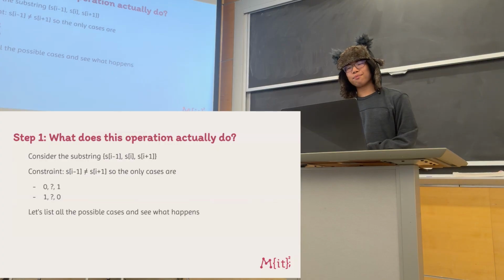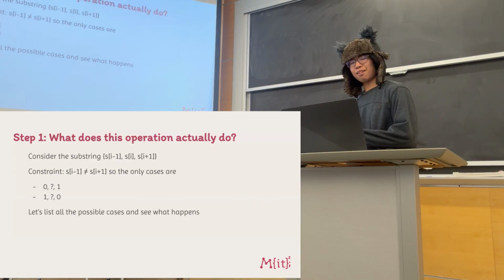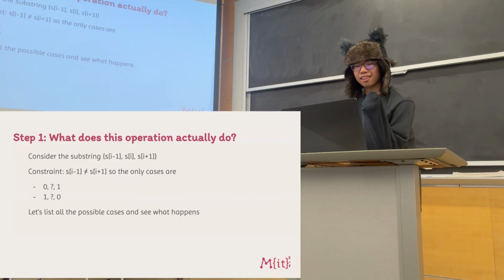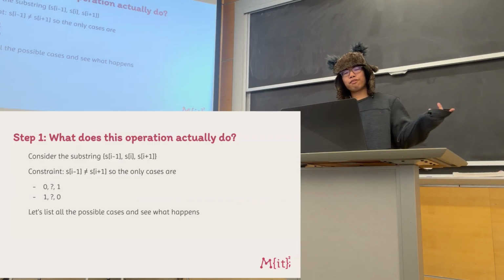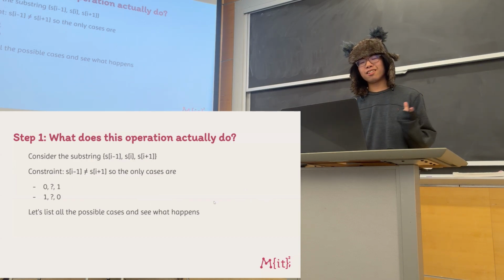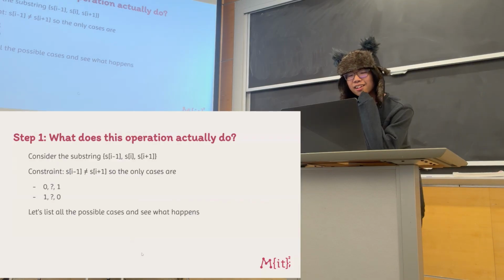So the first step to solving these types of problems is to identify what this operation actually does. The constraint is that the index before and the index after are different. So we could list out all the combinations. It would be 0 before and 1 after, or 1 before and 0 after.